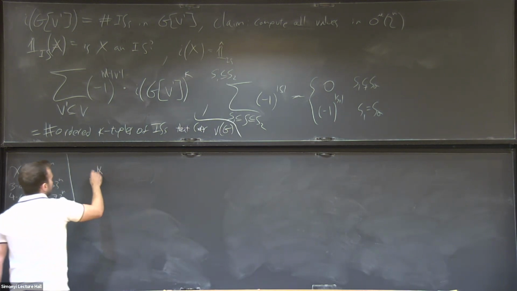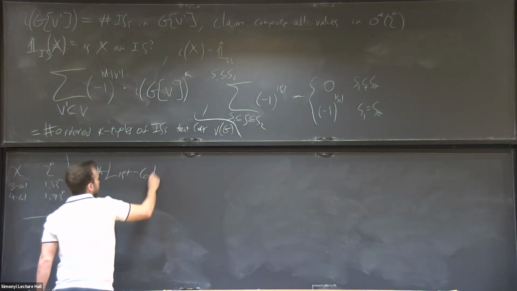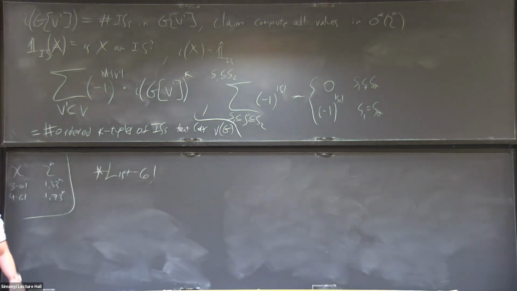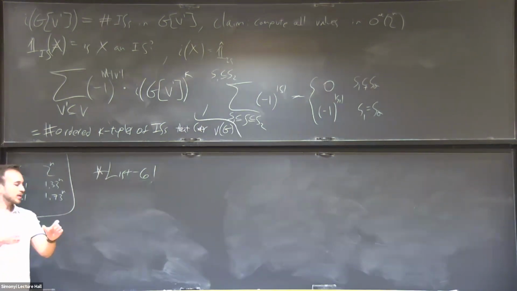So a generalization of graph coloring is something called list coloring. What is list coloring? This is the same problem as graph coloring, but now instead of every vertex having the same possible colors, every vertex will have a list of possible colors.